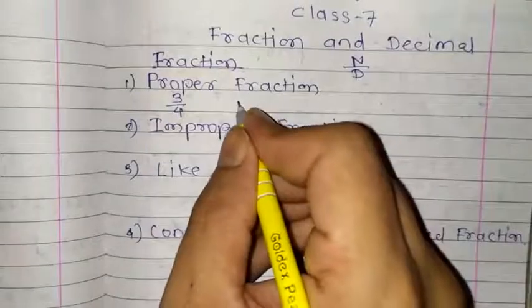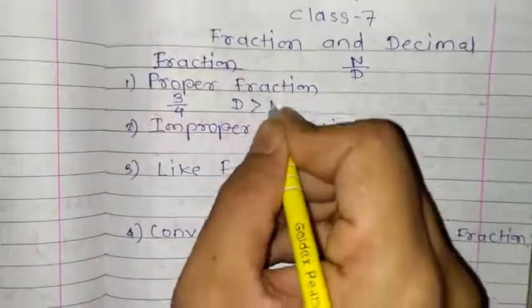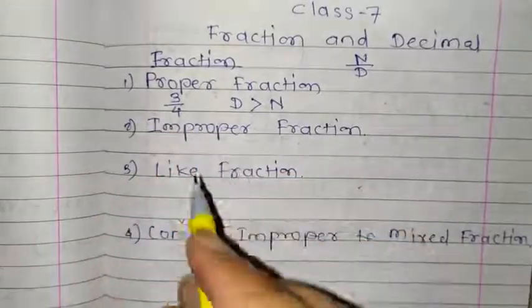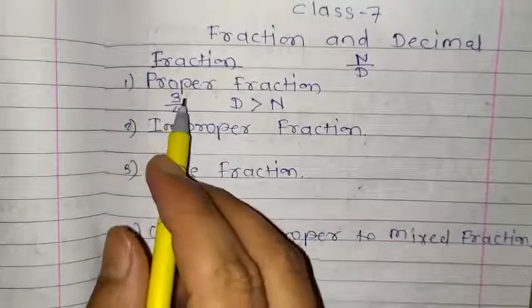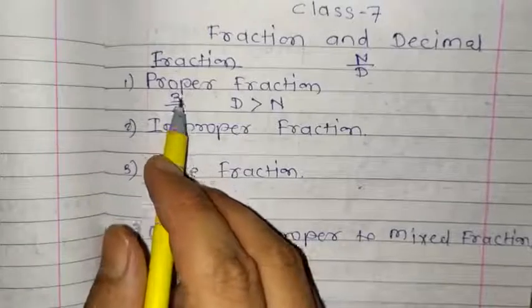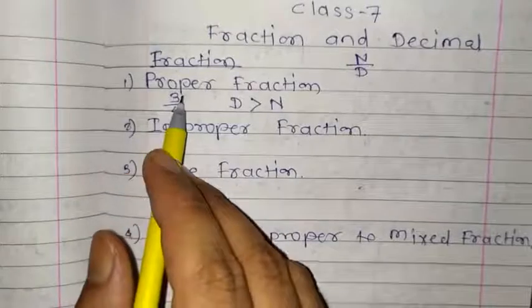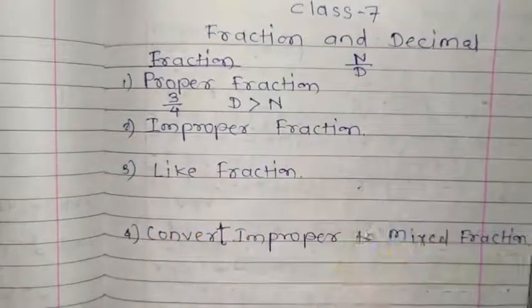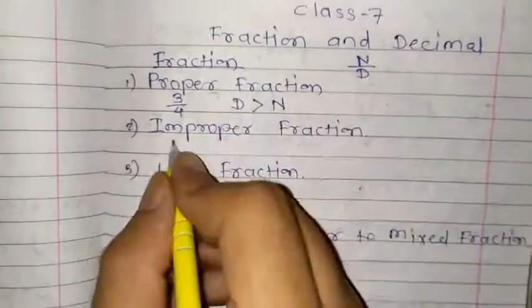If you compare, the denominator is greater than the numerator, that's why it's a proper fraction. Whenever the denominator is greater than the numerator, it is known as a proper fraction.